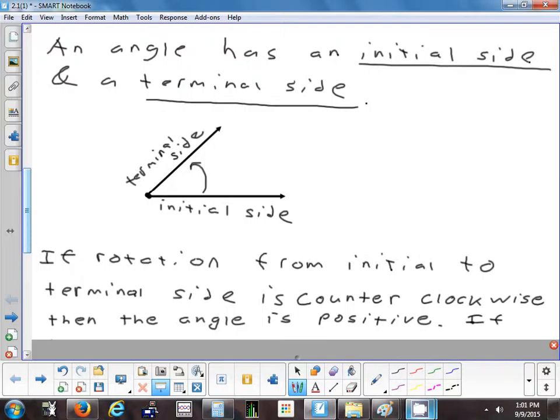So if you go counterclockwise, that's positive. And in the future, to save writing the word counterclockwise, I'll use the abbreviation CCW.